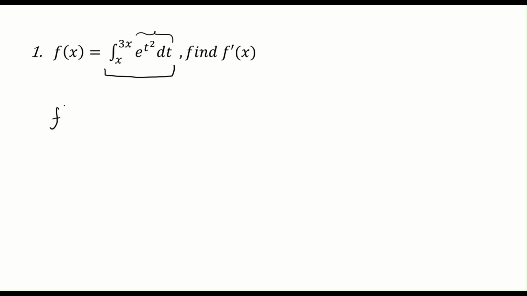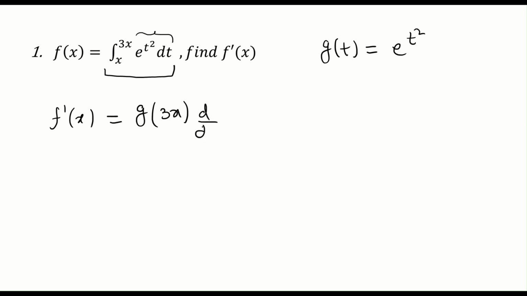We can use Leibniz theorem, f dash of x equals to, and you can observe that in this case g of t is nothing but e raised to the power t square. So what we get here is f dash of x equals g of upper limit, that is 3x, multiplied by the derivative of 3x, minus g of lower limit multiplied by the derivative of lower limit.